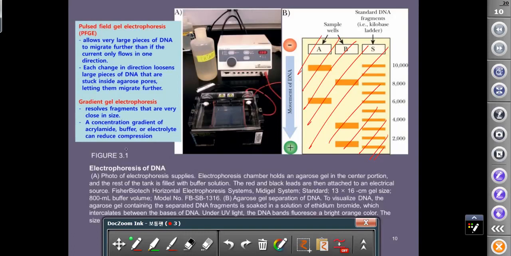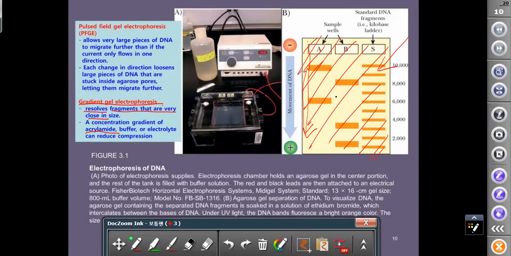But if you apply this technique, you can give a gradient of acrylamide concentration. Maybe the concentration gets thicker toward the bottom. In that case, what is the advantage? The advantage is to resolve fragments that are very close in size.